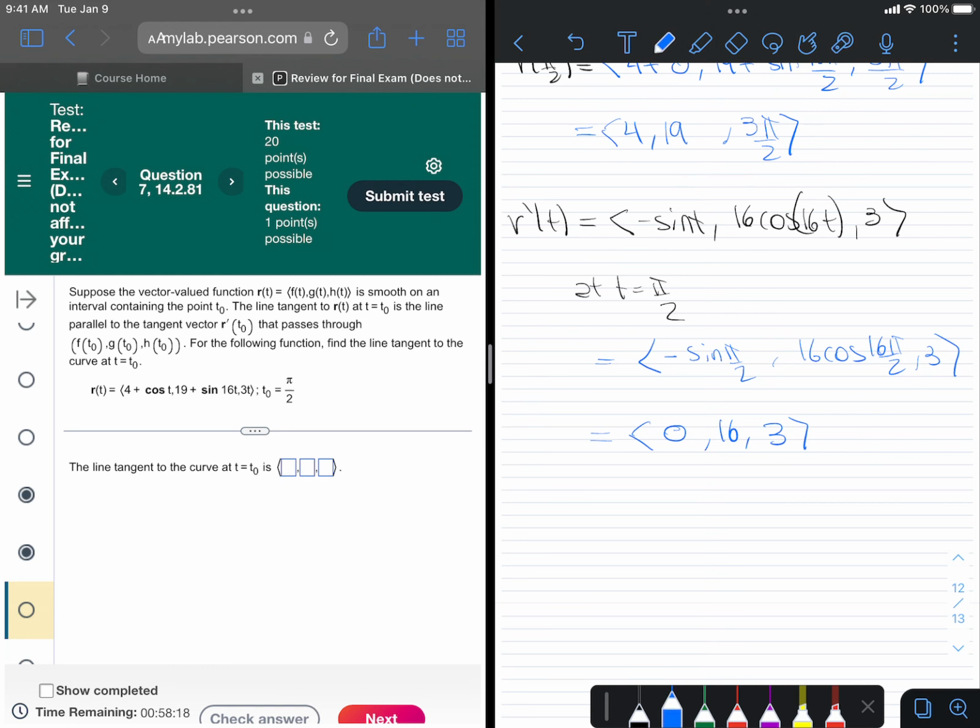So the equation will actually be 4 plus 0t, 19 plus 16t, and 3 pi over 2 plus 3t. You can clearly see that when t equals 0, maybe I should get rid of that 0 there.